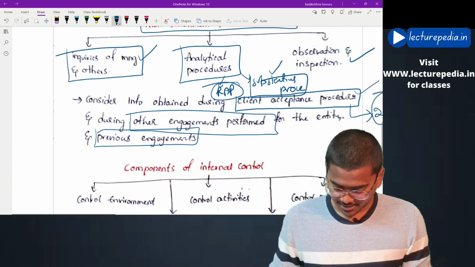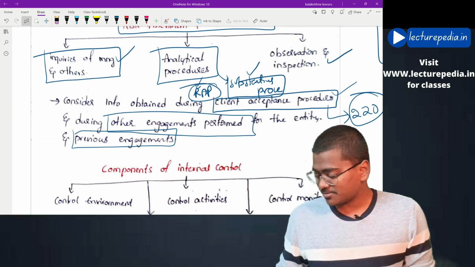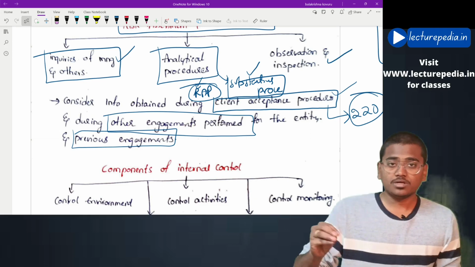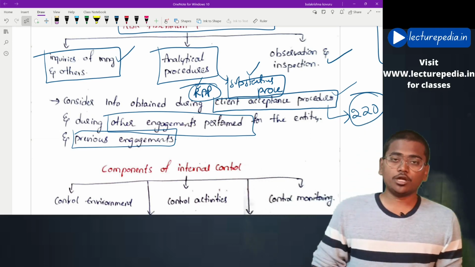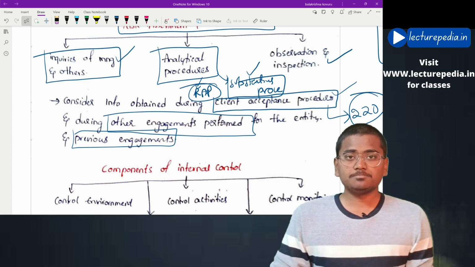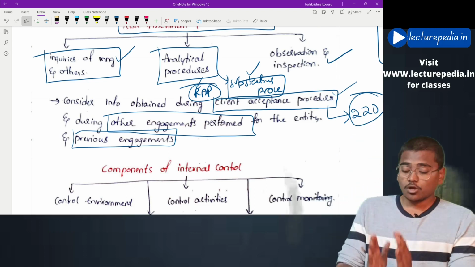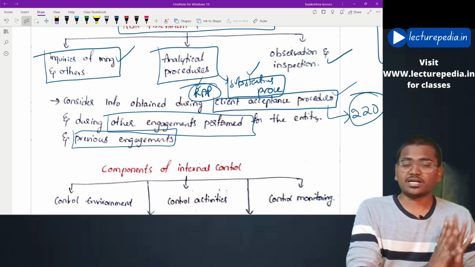So this is clear. That was relating to risk assessment procedures and obtaining understanding of the entity and its environment for the purpose of identifying inherent risk. By this we are done with one part, that is, the inherent risk part is completed.